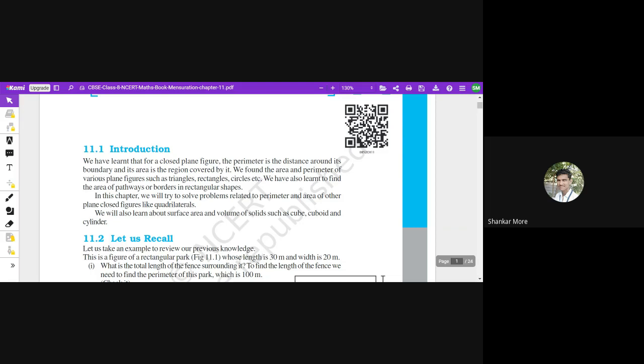In this chapter, we will try to solve problems related to perimeter and area of other plane closed figures that are quadrilaterals. So we'll also learn about surface area and volume of solids such as cube, cuboid, and cylinder.